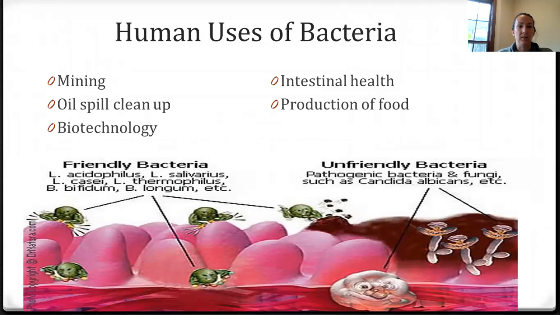Human uses of bacteria include mining, oil spill cleanup, biotechnology, intestinal health, and production of food. So bacteria sound like they're really bad and nasty for you, and they are, but they can also be helpful.